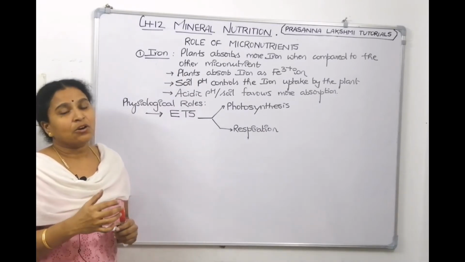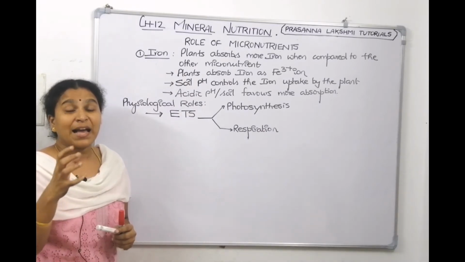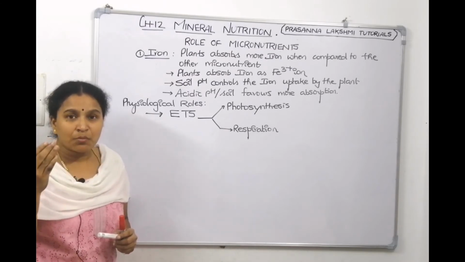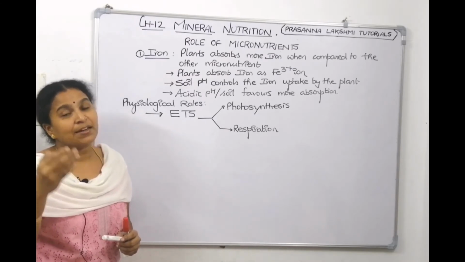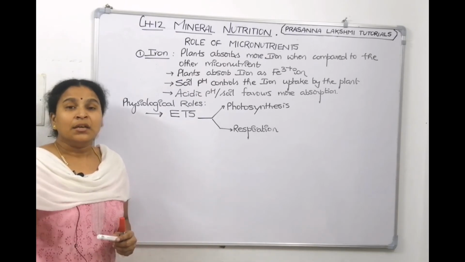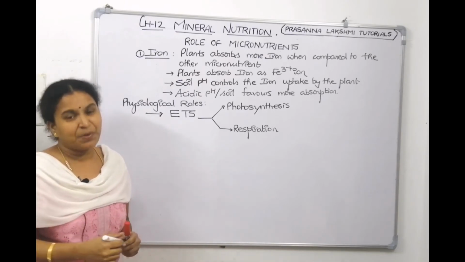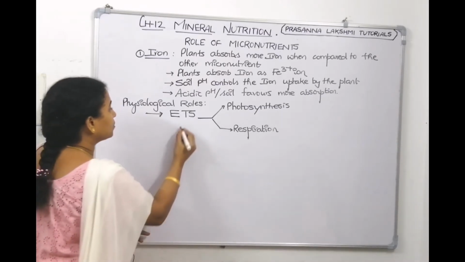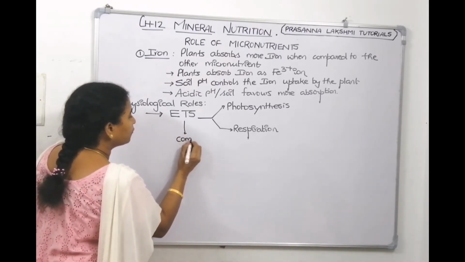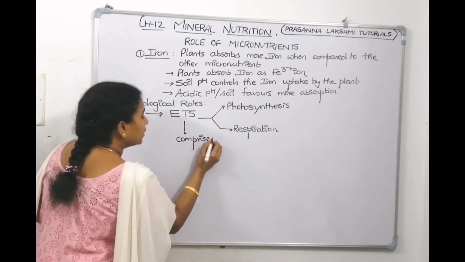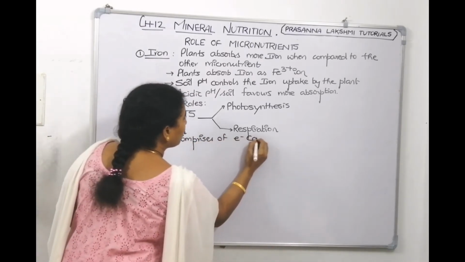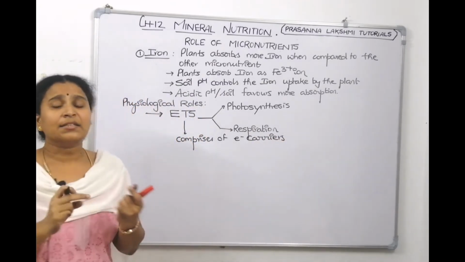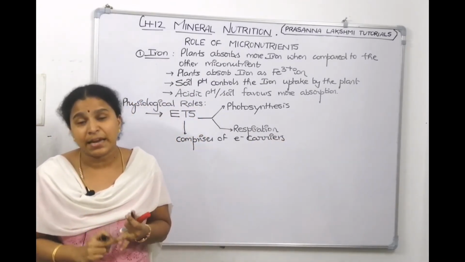Now, in this electron transport chain, there are electron carriers through which the electrons will be moving. As the electrons are moving from one carrier to the next carrier, to the next carrier, it helps in synthesis of ATP, right? Now, these electron carriers comprise some carriers like ferredoxin and cytochrome.